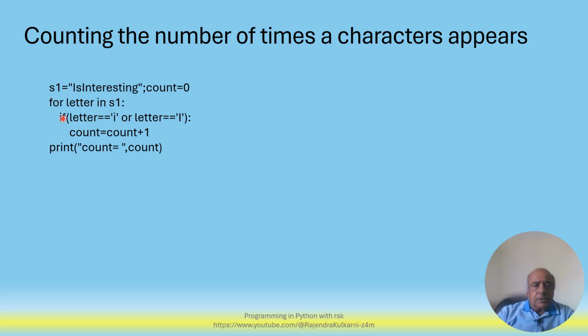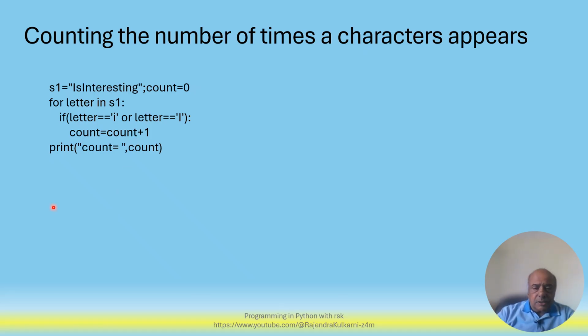This is the way: for letter in S1, if letter is equal to small i or letter is equal to capital I, we want the count to increment when there is an occurrence of small i or a big I. When this for loop is run, it will traverse through the string S1, and whenever a small i or capital I appears in the string, it will increment the count by 1.